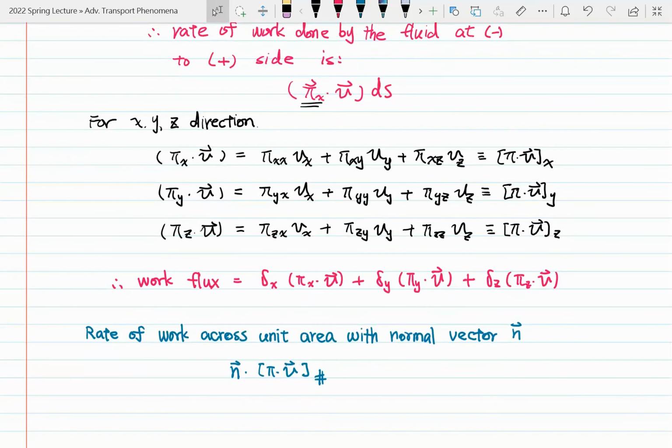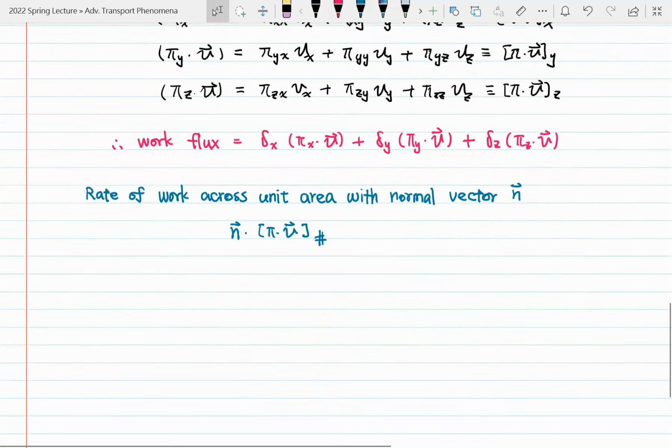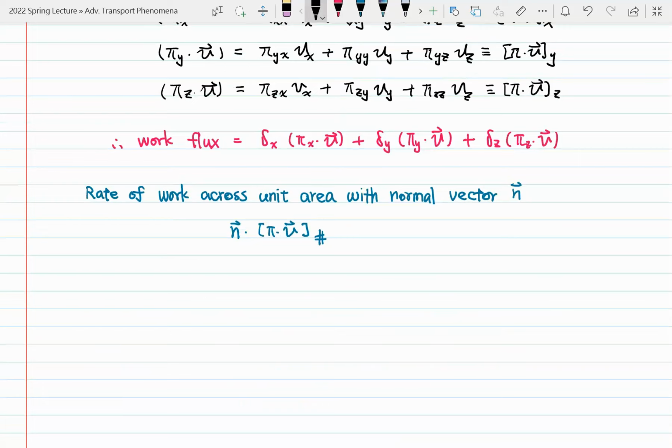This is the most useful tool, with very comprehensive information for you to use in the next chapter when you're going to use shell balance methods to deal with different problems. Okay, so let's get to this introduction of the combined energy flux vector.